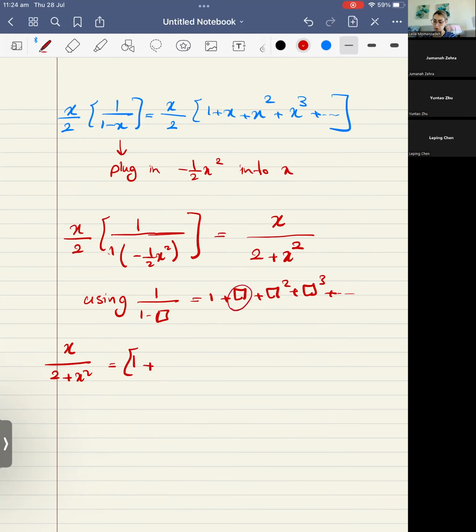Now, what should I put instead of this one? Minus 1 over 2 x squared plus minus 1 over 2 x squared to the power 2 plus minus 1 over 2 x squared to the power 3 and so on.